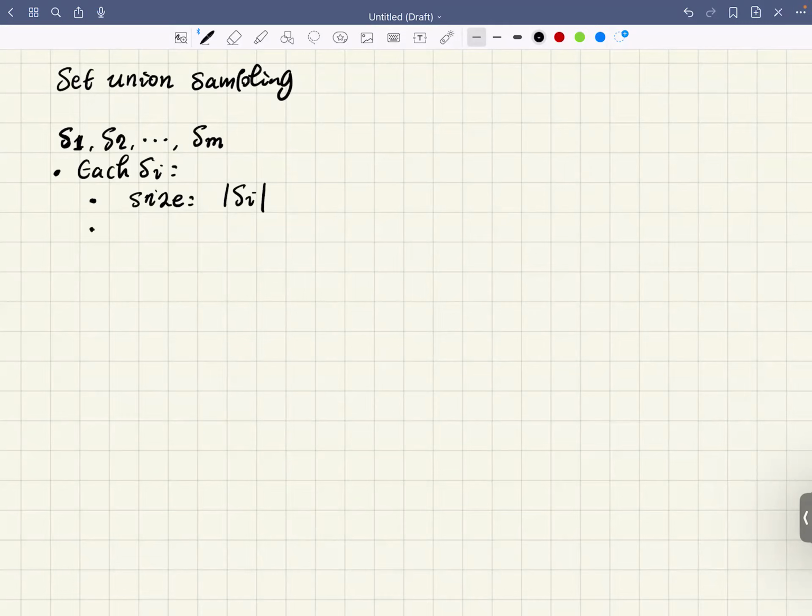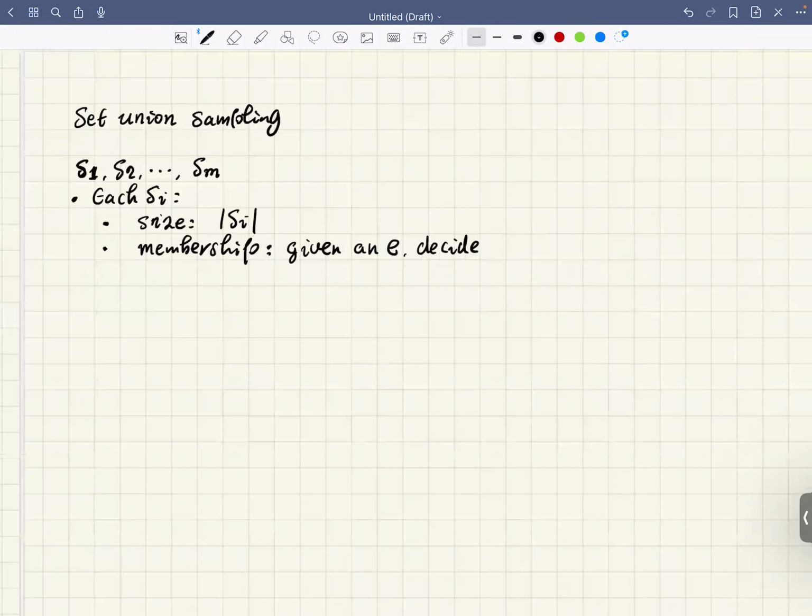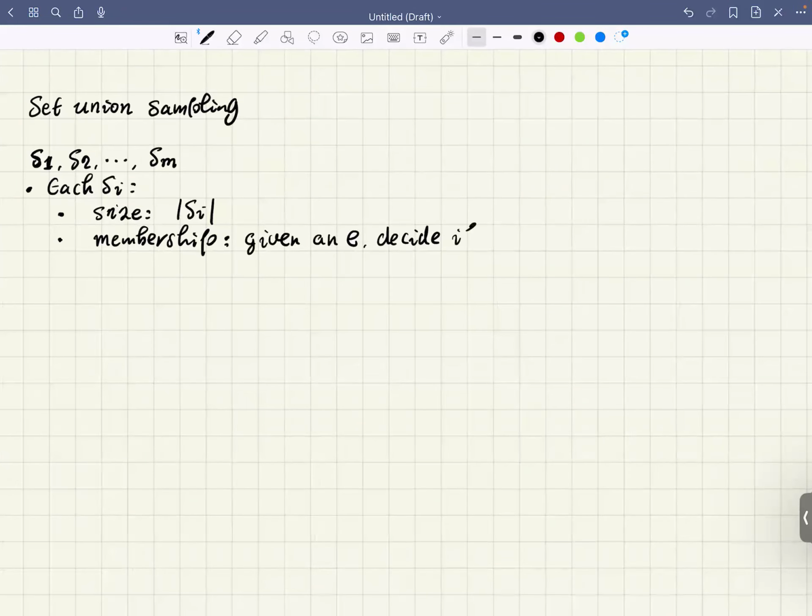Another operation is the so-called membership, which says, given an element e, decide if e is in Si.